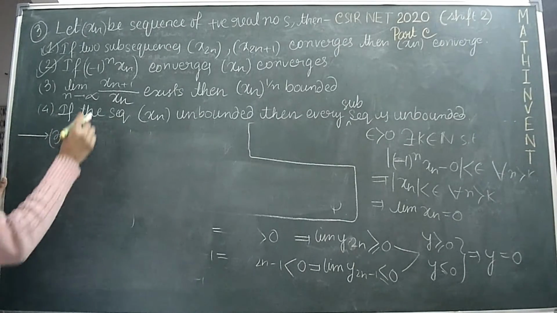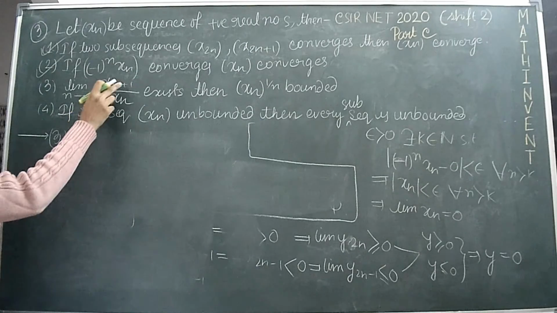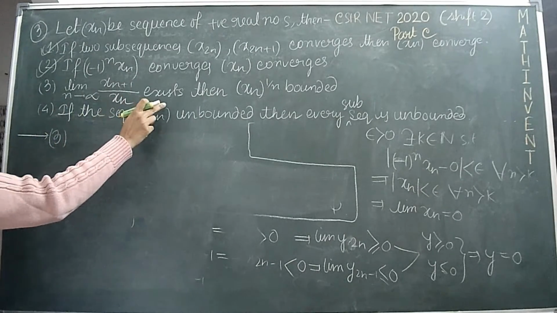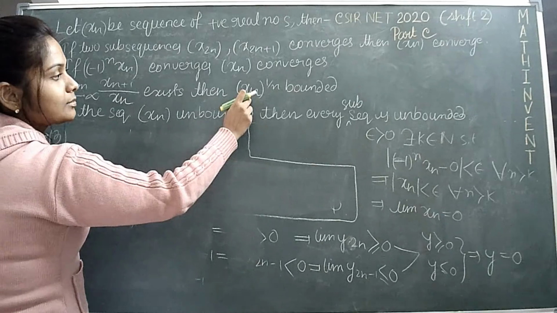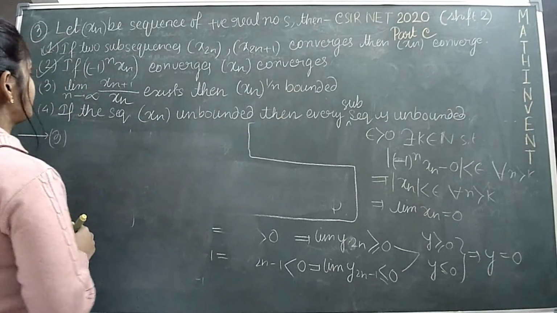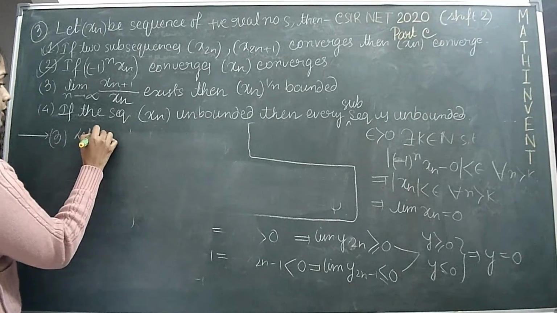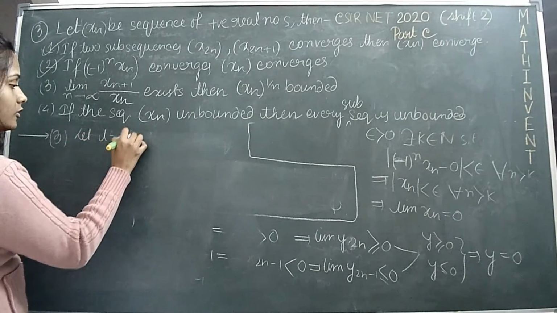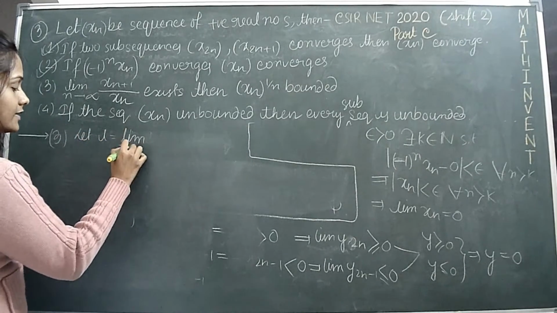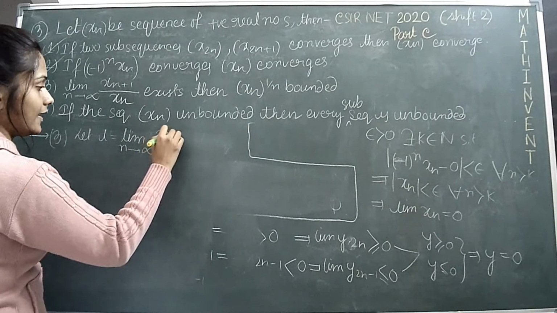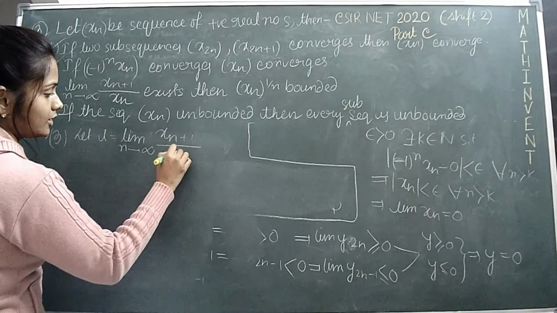If limit as n tends to infinity of xn plus 1 by xn exists, then xn power 1 by n will be bounded. Let L equal limit as n tends to infinity of xn plus 1 divided by xn.